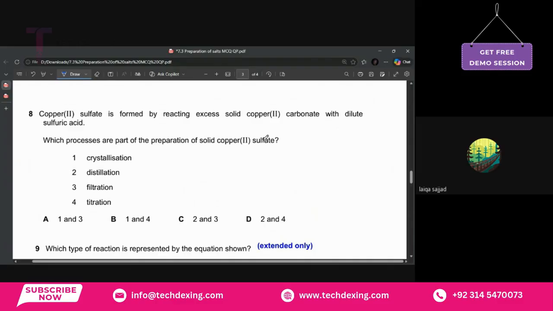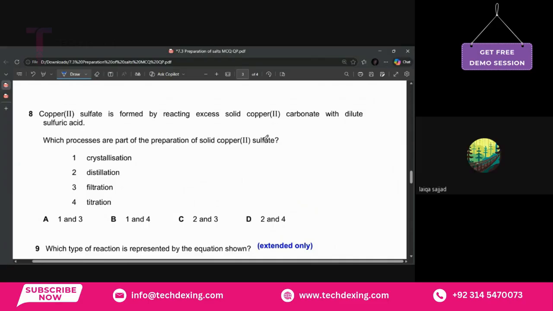And how is filtration being used? There is excess copper carbonate, so it will be sitting at the bottom unreacted. We must filter it to get a clear solution. Yes, very good.